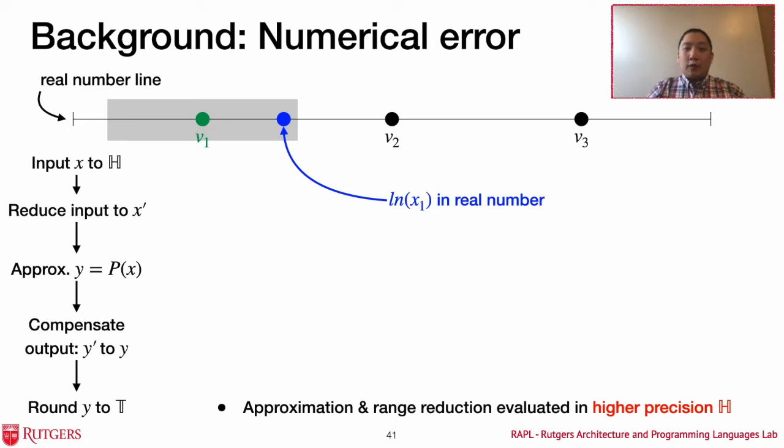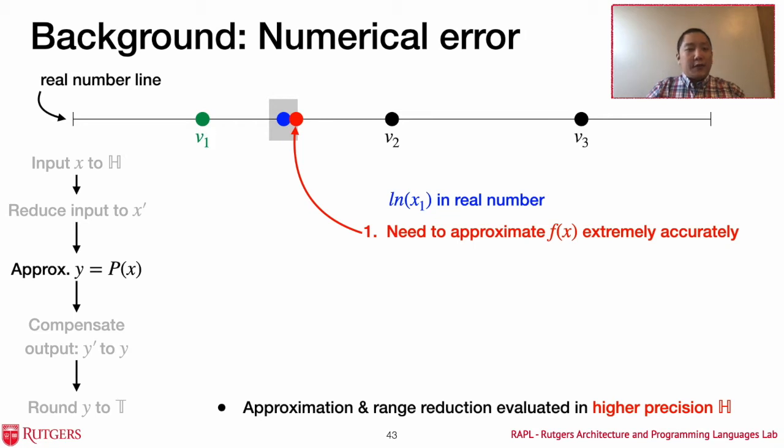Otherwise, it will round to a wrong value. But since math libraries produce polynomial approximations that approximate the real value of natural log of x1, in reality there is only this much room for error. This means that our polynomial approximation has to be extremely accurate.